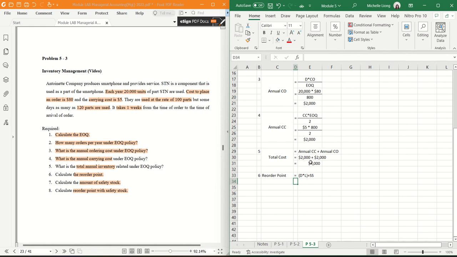L takes 1 week, and 1 week is 7 days. Since we haven't found the SS, just do D times L first, which is 20,000 times 7 days.